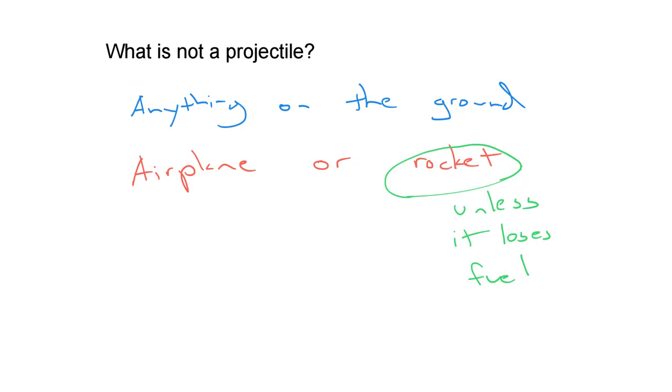When we throw something, the moment we release it, it becomes a projectile, but it can't have something that powers it and helps it fly. So like a drone is not a projectile because it has its own power. All of the movement of a projectile comes from the initial moment when it is thrown or hit or launched or whatever.